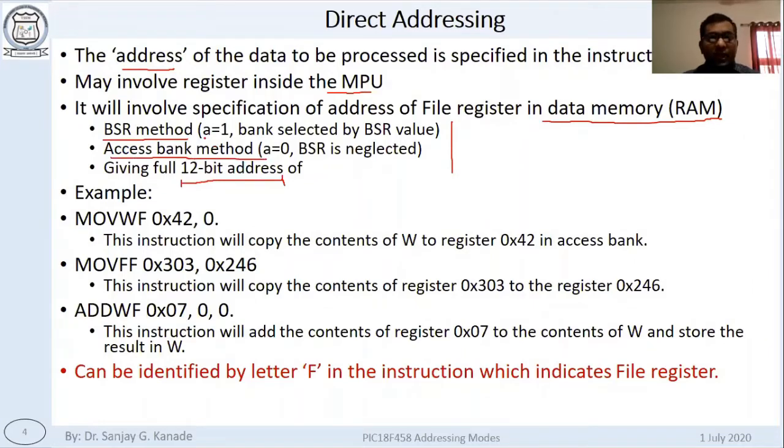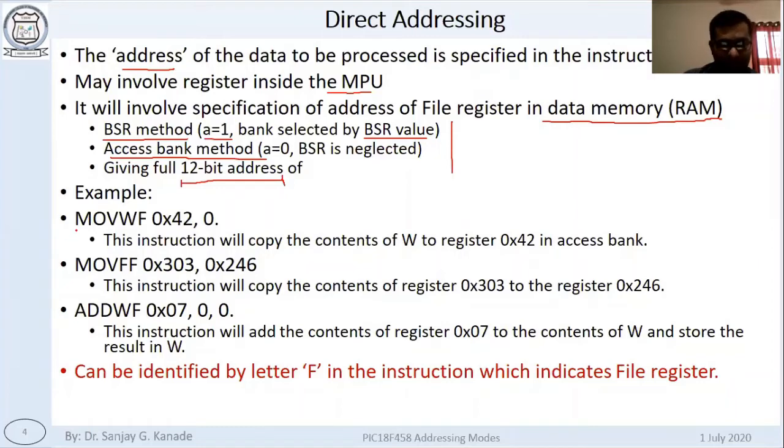If you set a equal to 1 inside the instruction, then the BSR value will be used and the remaining 8 bits are in the instruction. If you are using the access bank method, a will be made 0, BSR will be neglected, and the address will be taken from the simple 8 bits given in the instruction.